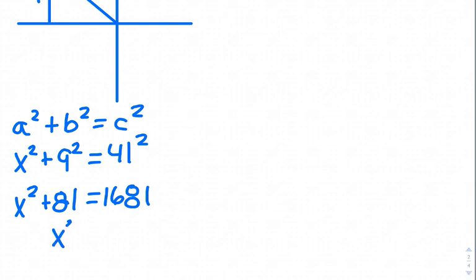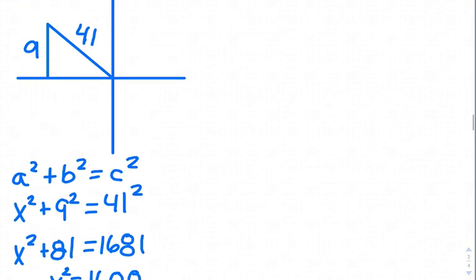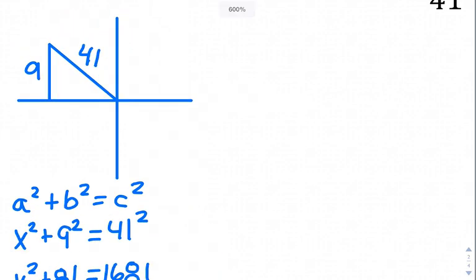Subtract 81 on the other side. There you get x squared equals 1600. Therefore, x equals 40. So just a reminder, since we're in quadrant 2 though, my x value is going to be 0 or negative. So it's going to be negative 40 here.